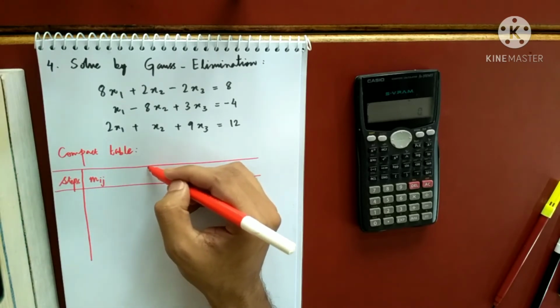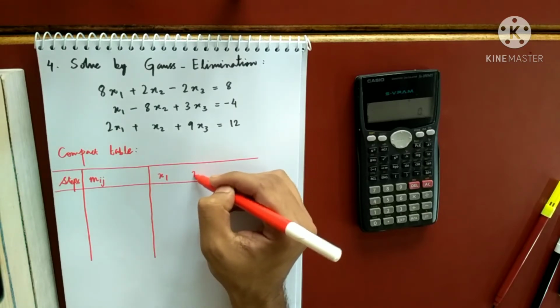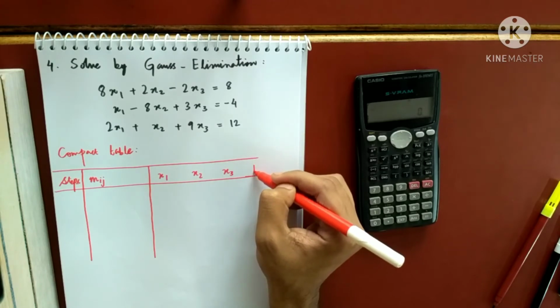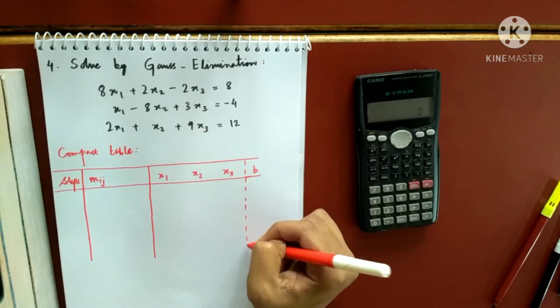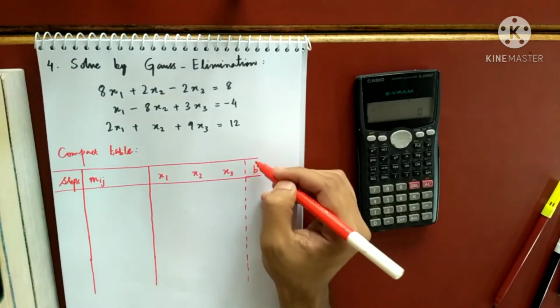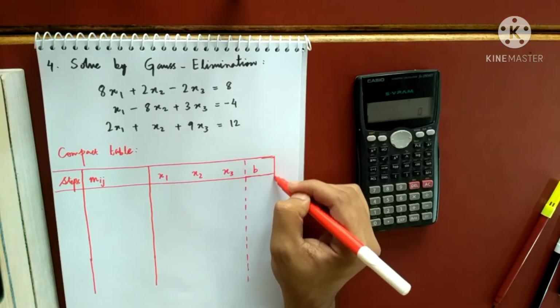Here I have x1, here I have x2, here I have x3, and here I have b. Let me give some space to b as well.